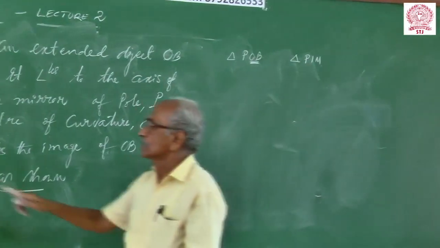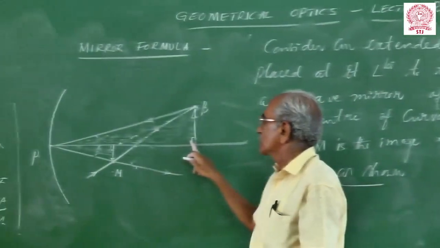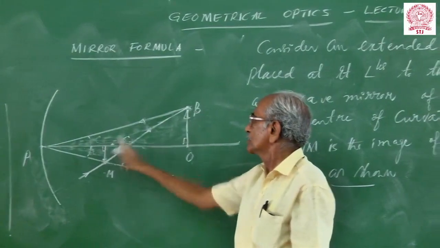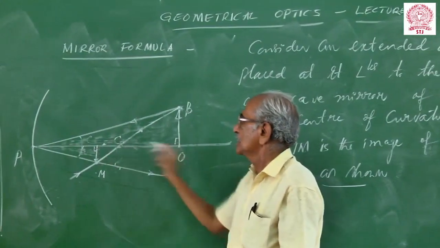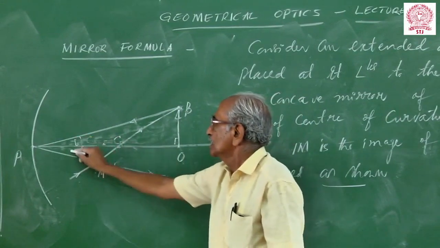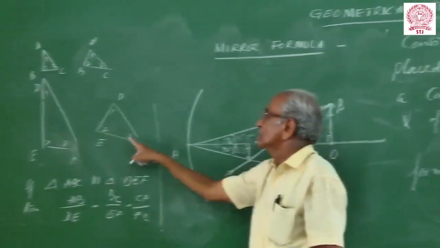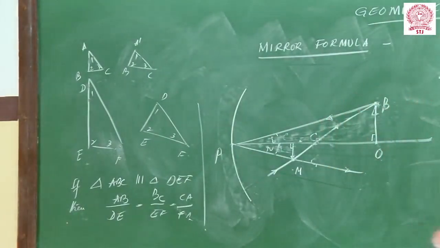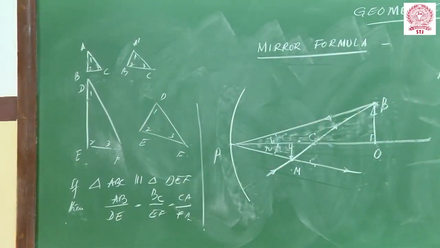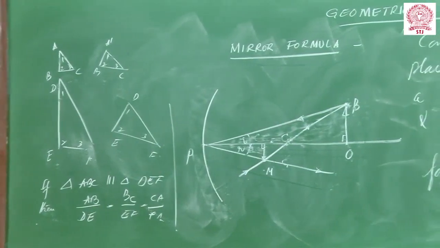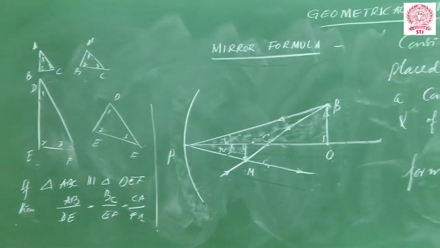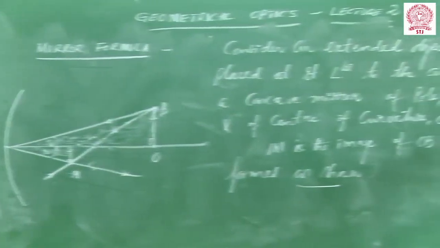Notice this is perpendicular, therefore the angles of 90. Now this is I, this is R. So three angles of one are equal to three angles of the other triangle. Now such two triangles are called similar triangles. So they are similar.